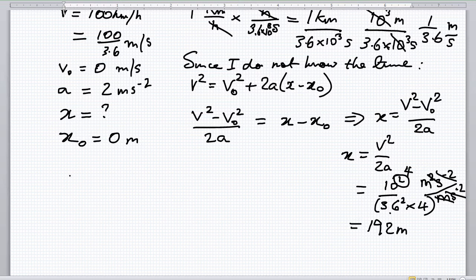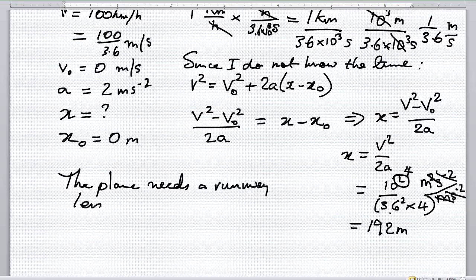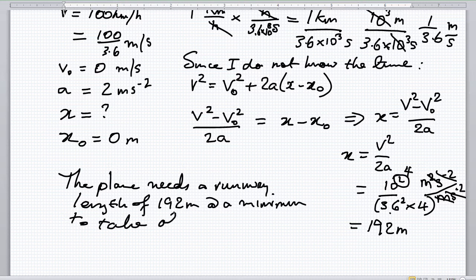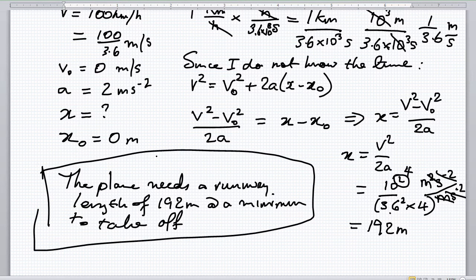So the plane needs a runway length of 192 meters at a minimum to take off. And that is my answer. And I make it very clear that that's what my answer is. I put it in the context of the problem, right?